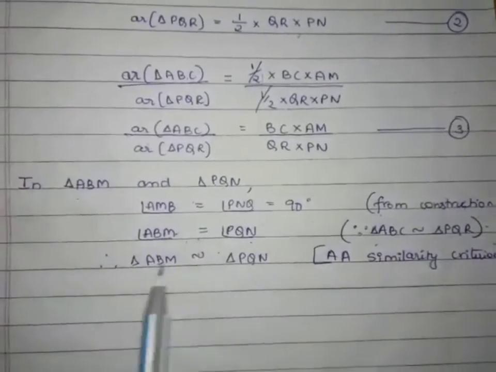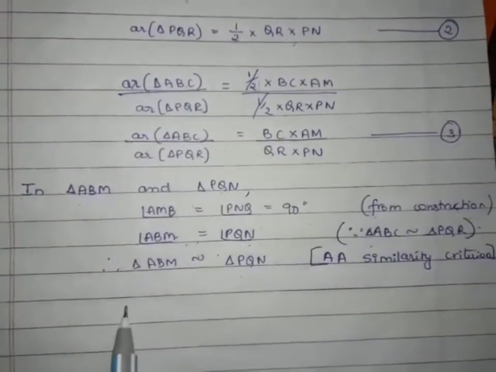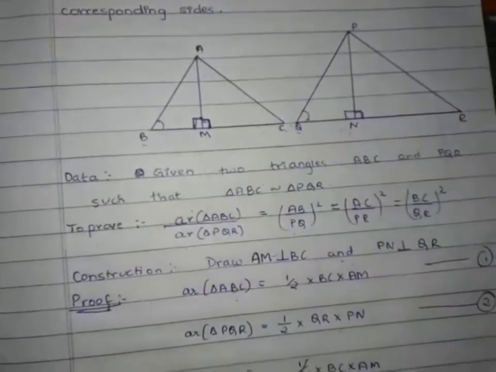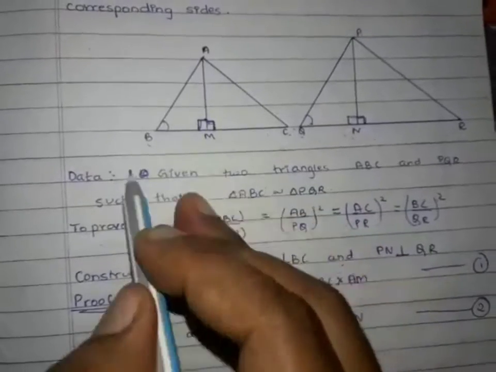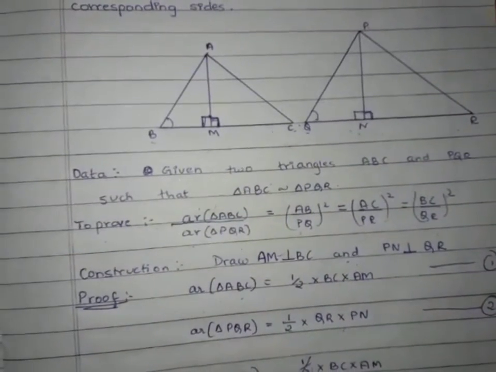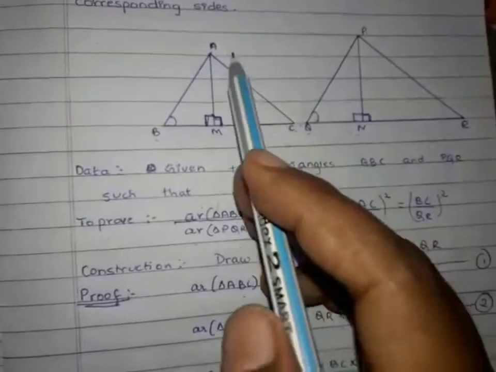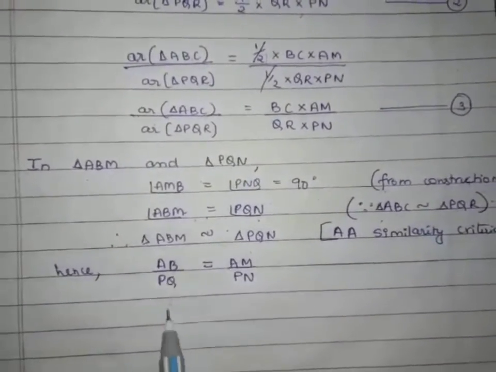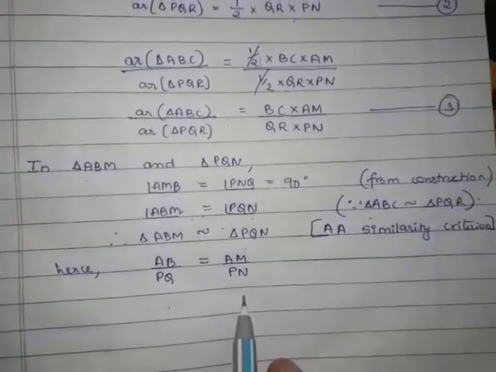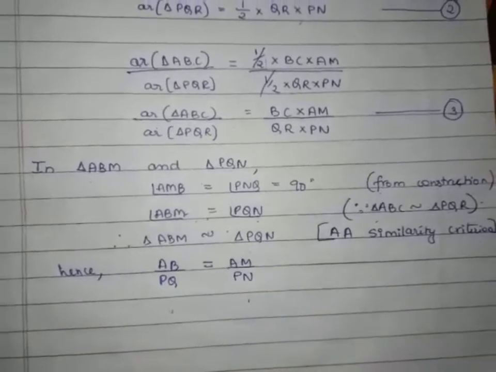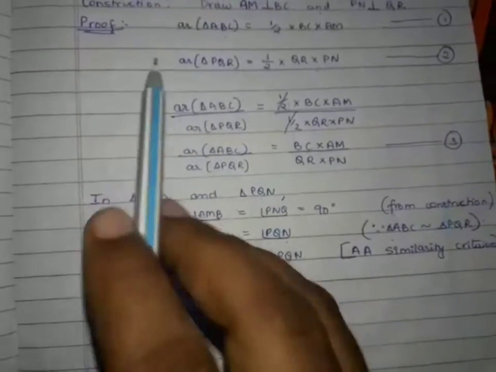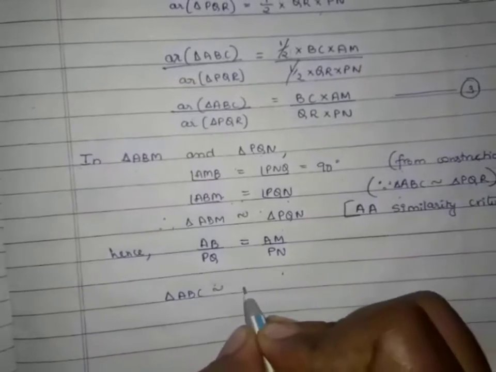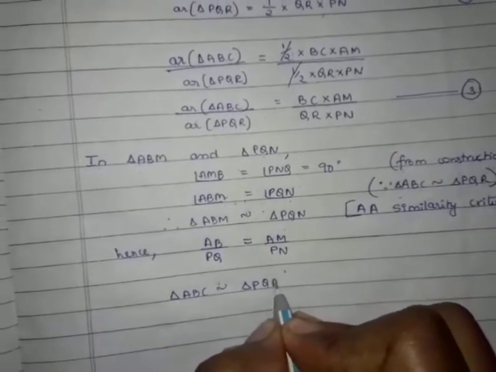So if the two triangles are similar, then what happens to their sides? The ratio of the corresponding sides are equal. So what can I write? AB by PQ is equal to AM by PN. Okay, see, I have written hence AB by PQ is equal to AM by PN. Why? Because the two triangles are similar. But it is also given in the data that triangle ABC is similar to triangle PQR, right?